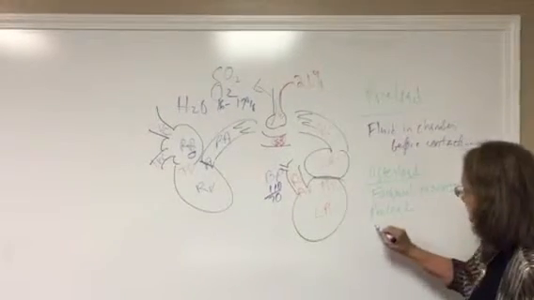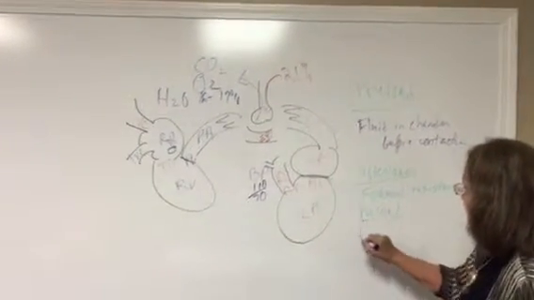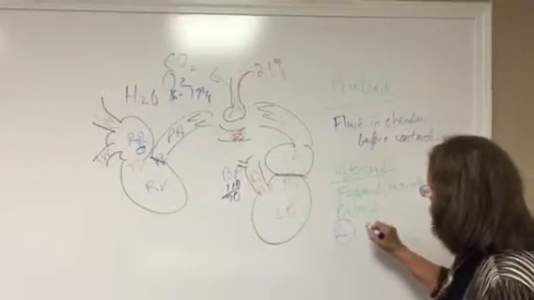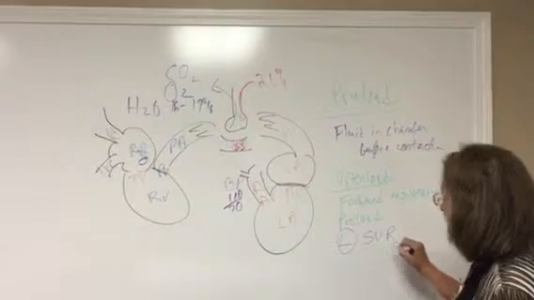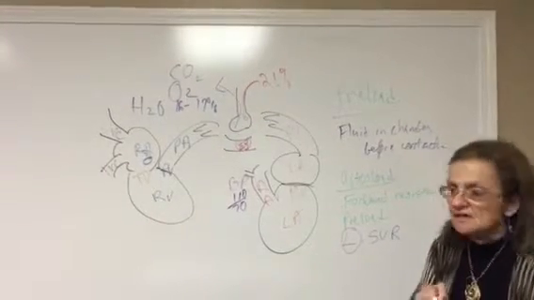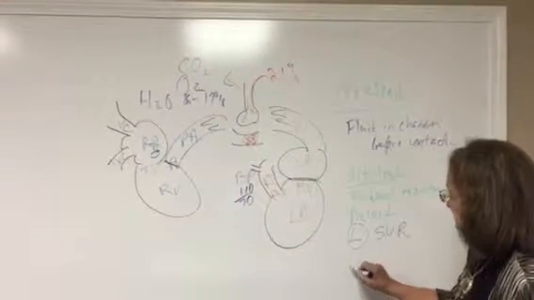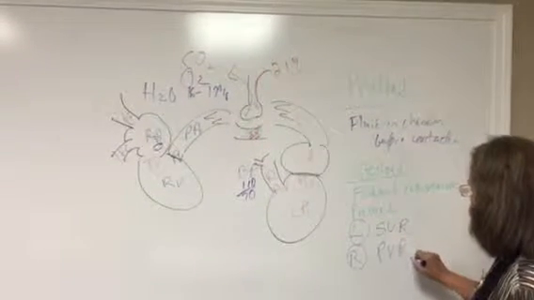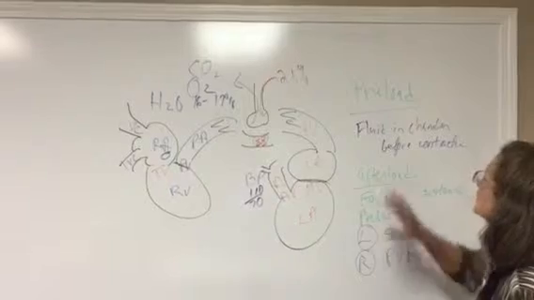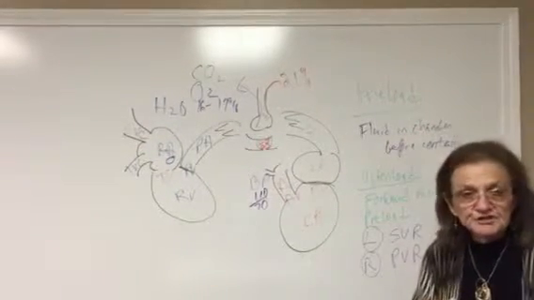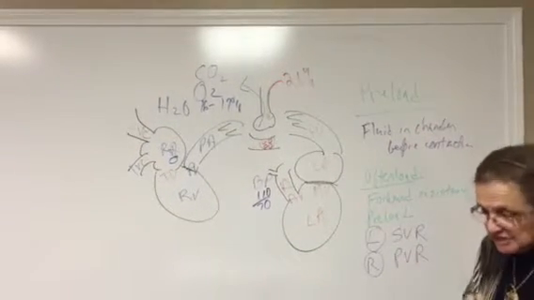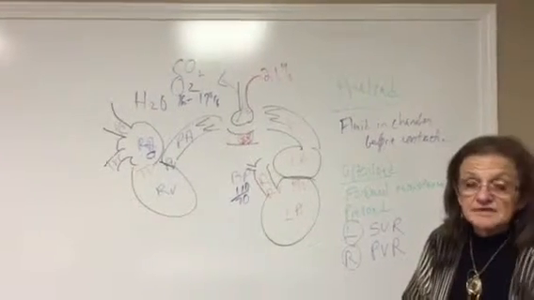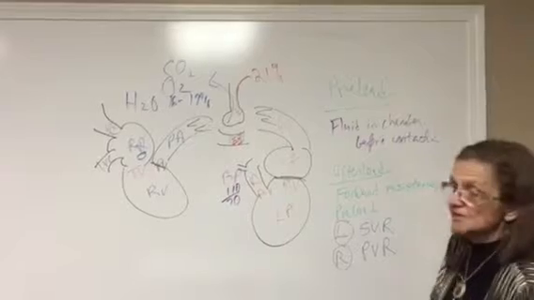In the left ventricle, the afterload is reflected as the SVR or systemic vascular resistance. Later on, we'll talk about the right ventricle, and that's going to be pulmonary vascular resistance. Preload is fluid before contraction, and in general, that can be measured by a Swan-Ganz catheter, and we measure that by something called the wedge pressure.